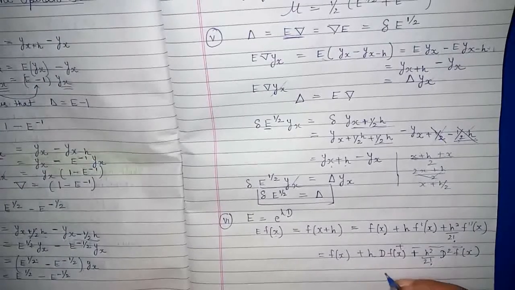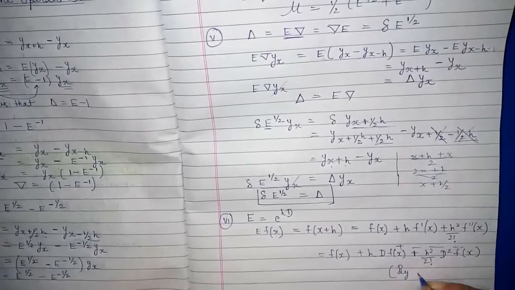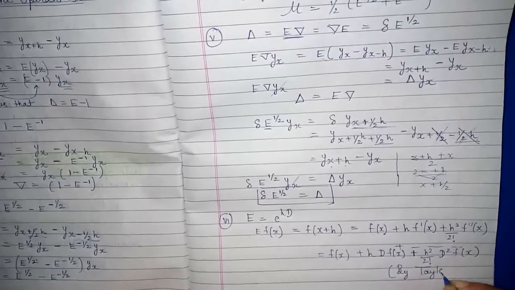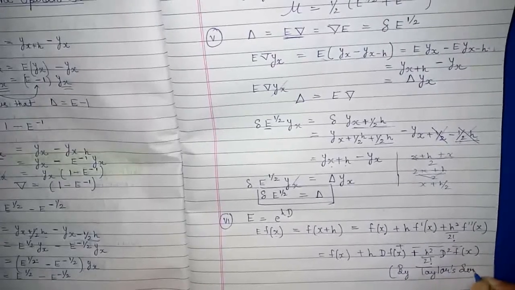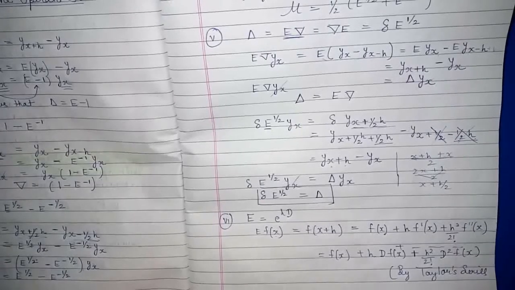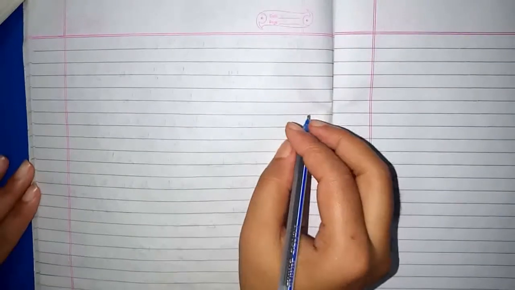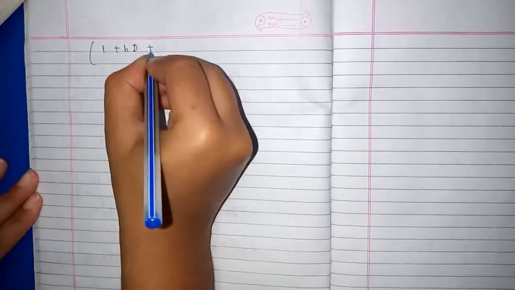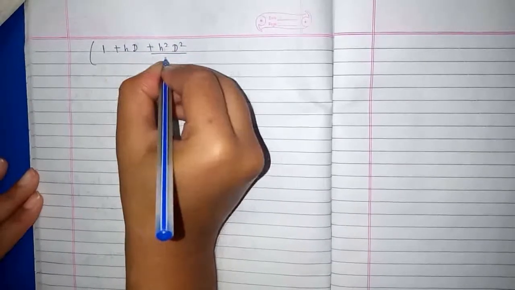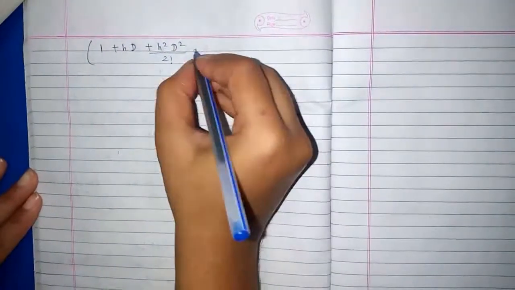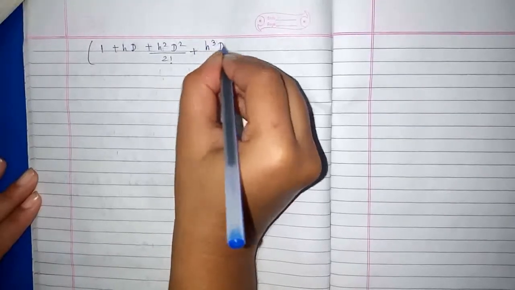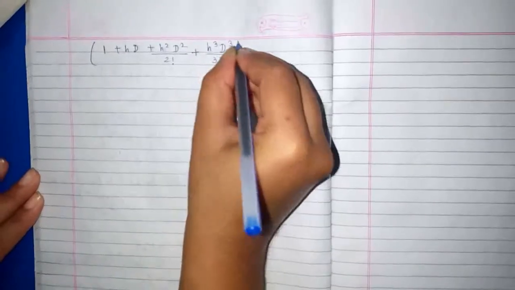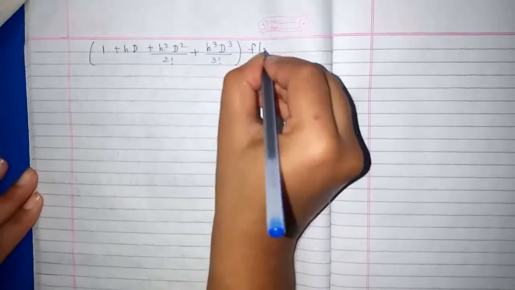For your reference, I am writing here that it's this one I have written with the help of Taylor's series. Okay, now if you will take fx as common, then you will get 1 plus hd plus h square d square by factorial 2, and if I am doing one more calculation, h cube d cube by factorial 3 fx, you will get this.